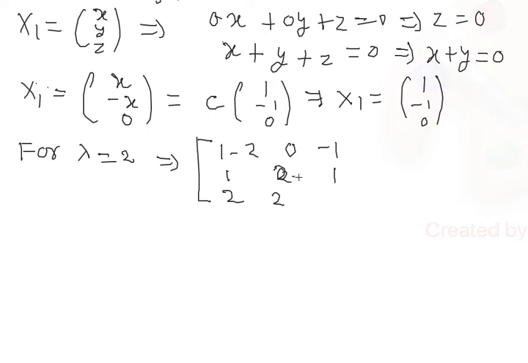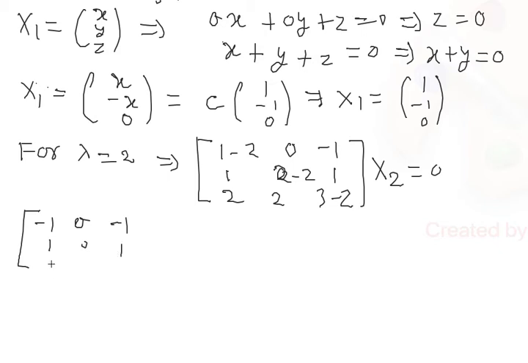Here the middle entry is 2 minus 2, and the last is 3 minus 2, and the next eigenvector is x2. When you simplify, the first row is negative 1, 0, negative 1, then 1, 0, 1, and 2, 2, 1, acting on the variables x, y, z.